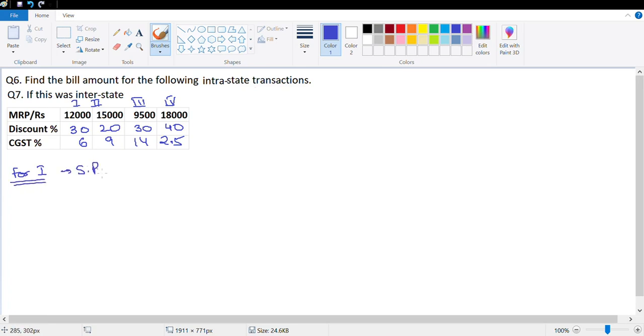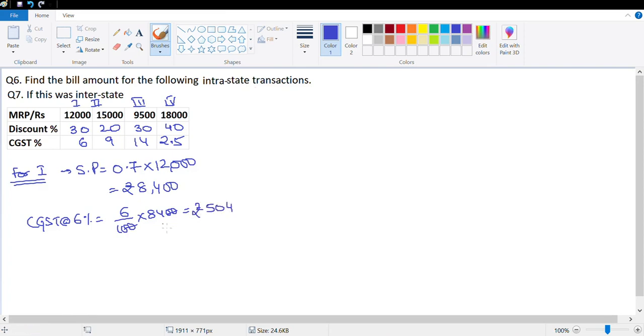Selling price would be 30% discount, which means 70% of 12,000, which is equal to rupees 8,400. Now CGST at the rate of 6% would be 6 upon 100 into 8,400, that's rupees 504.